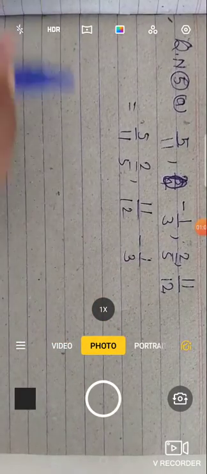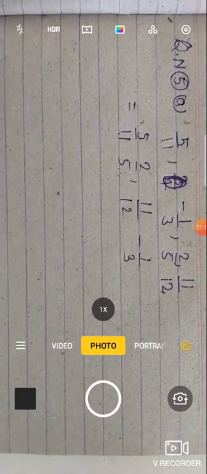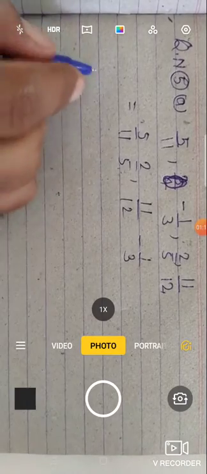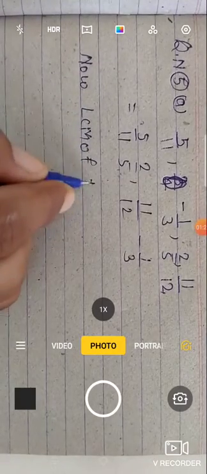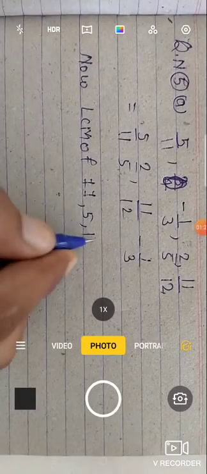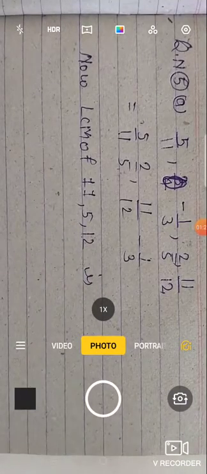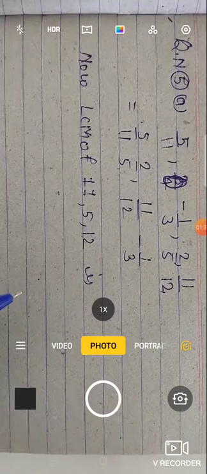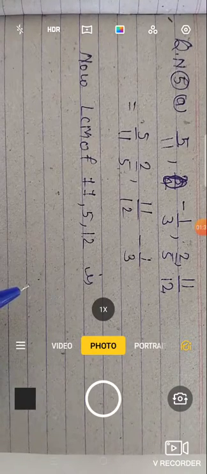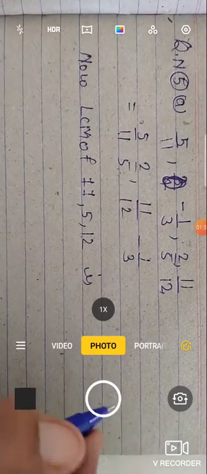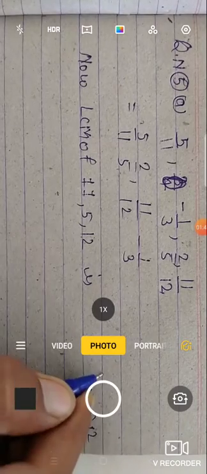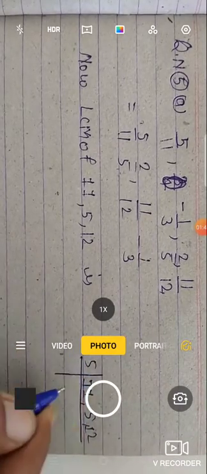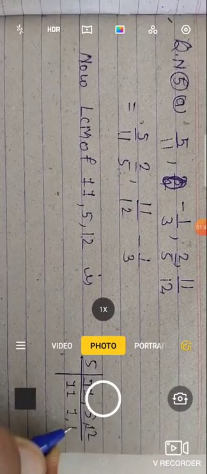So now we have 3 terms, and we want to find the LCM of these numbers. The LCM of 11, 5 and 12. So dear students, first of all we want to find the LCM of these. You can check here 11, 5 and 12. 5 times 11, 11 and 1 and 12.